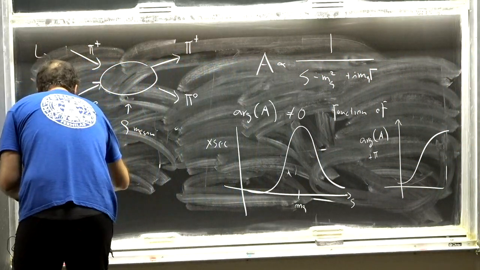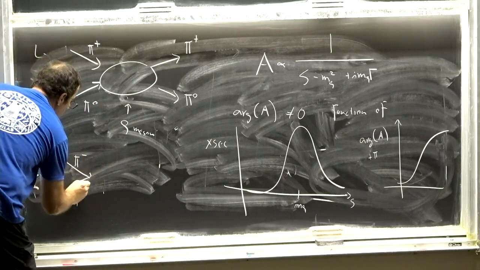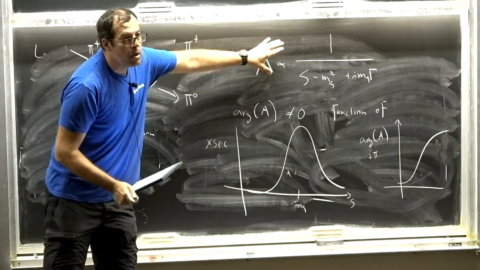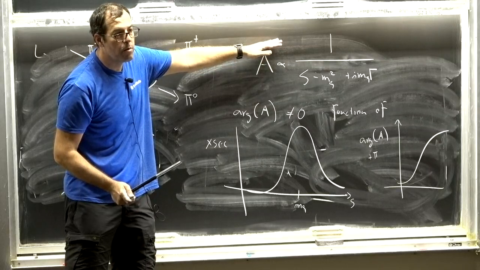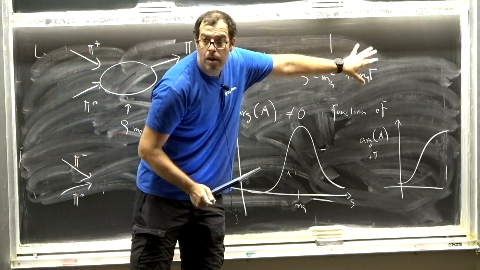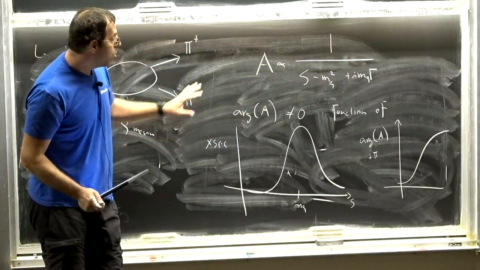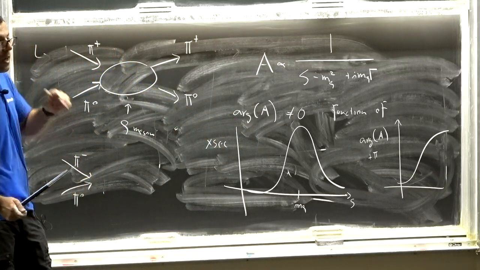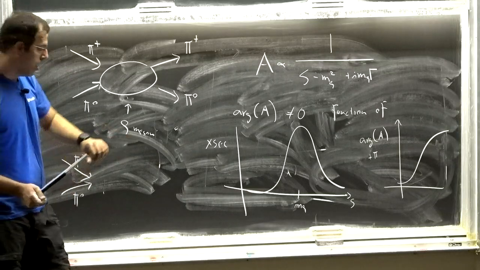If I take the pi minus, pi 0, so a CP conjugate state, well, it's going to be exactly the same. It creates a rho meson with the same mass. It's just rho minus instead of rho plus. So I'll have exactly the same Breit-Wigner. So you see there are two sorts of phases floating around. One are CP conserving, and the ones that are sitting in the UV Lagrangian, the standard model, they're CP violating.